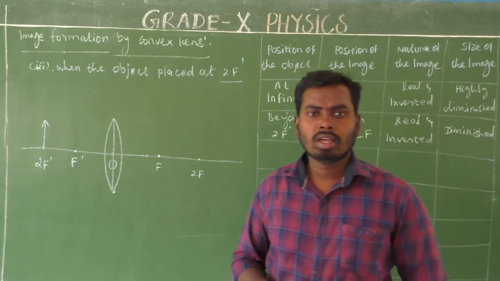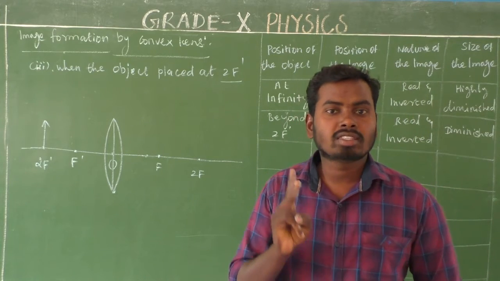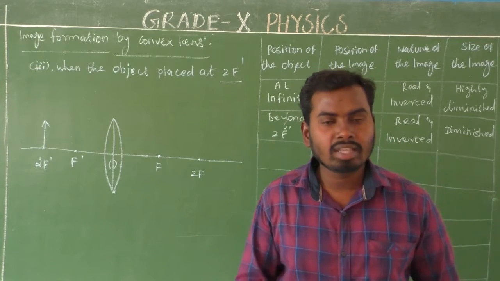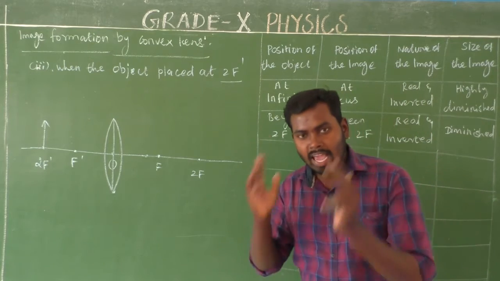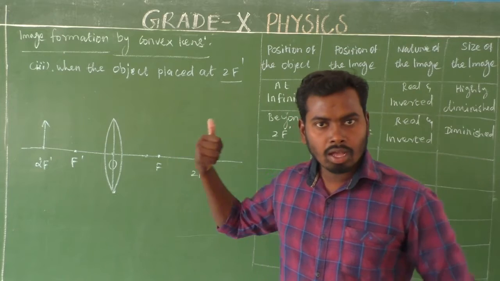Because just two rays are needed to make an image. We have already studied this clearly in the topic of spherical mirrors, and the same rules are possible here also for spherical lenses.